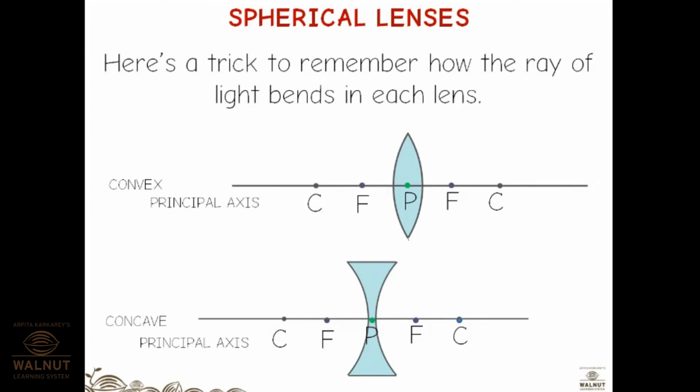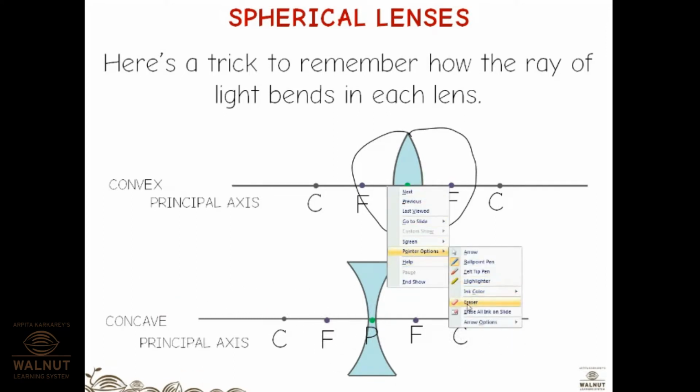Now if you just imagine that there are two spheres, one this side and one this side, just ignore my diagram. If you take two spheres attached to each other, and take their two surfaces which are bulging outwards together, then this type of convex lens is formed.